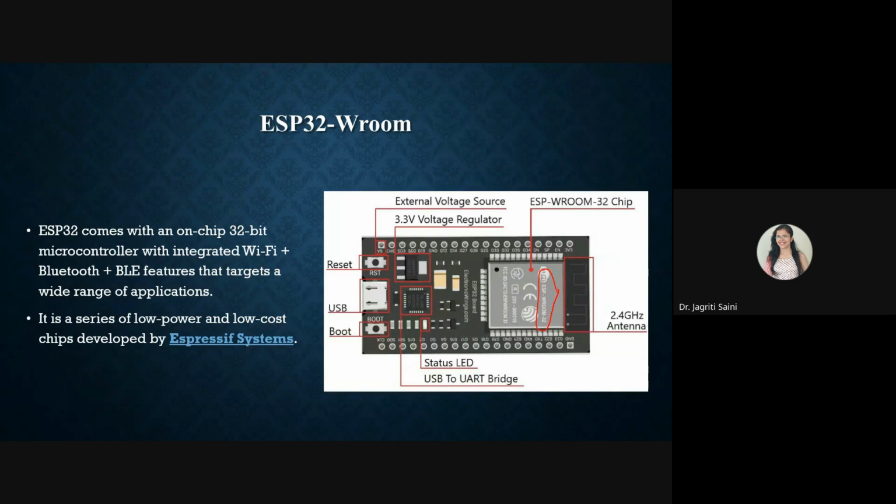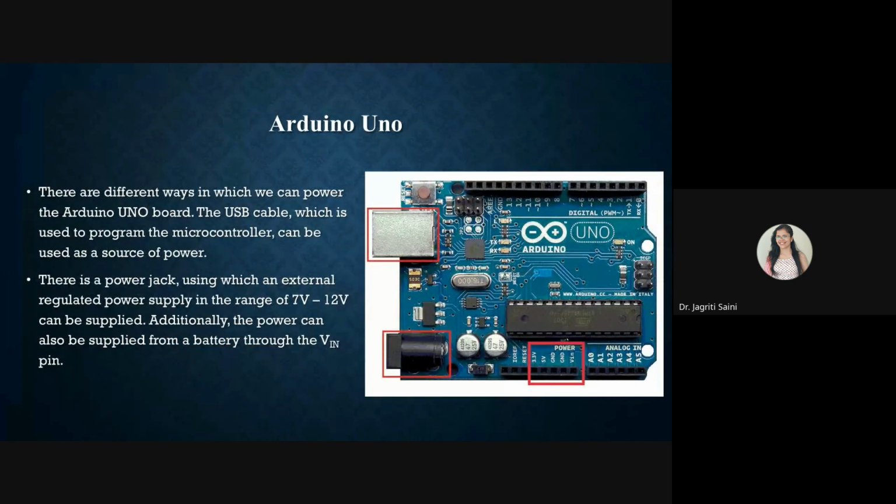The very first thing we need to understand about this ESP chip is that it can also work as an independent microcontroller. If you are not able to achieve certain tasks with Arduino, you can use ESP32 as your microcontroller. The main difference between both of these is, in case of Arduino, if we talk about the base model, that is Uno, the pin numbers are more.